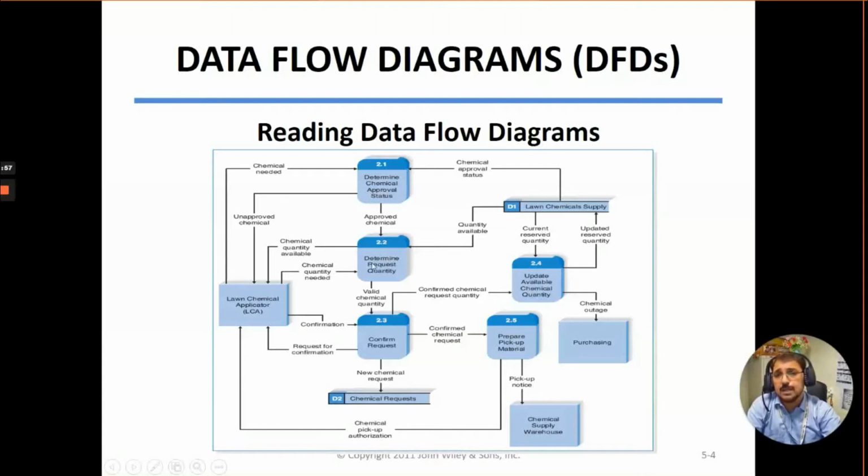And in the next level, determine request quantity, how much the customer wants. And how will the system determine this quantity? You see, from the right, information is coming from the databases. This is the database. I will explain to you later on, don't worry. We will go into much detail. So this is just a general diagram.